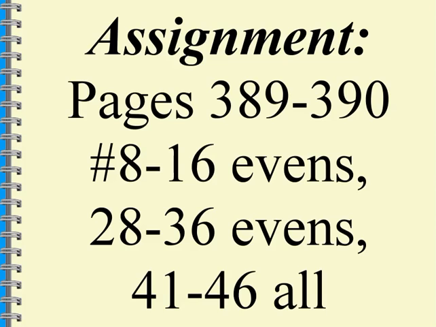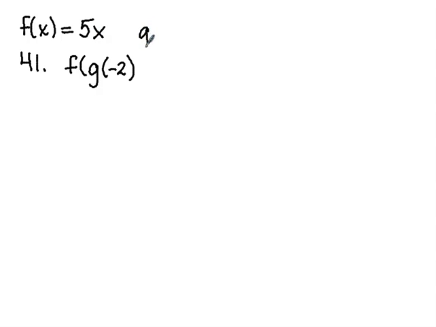So f of g of negative 2. We're looking at 41. Now they tell us that f of x equals 5x and g of x equals negative 2x plus 1. Now this is a little different than the ones we looked at, but where do we always start with these?